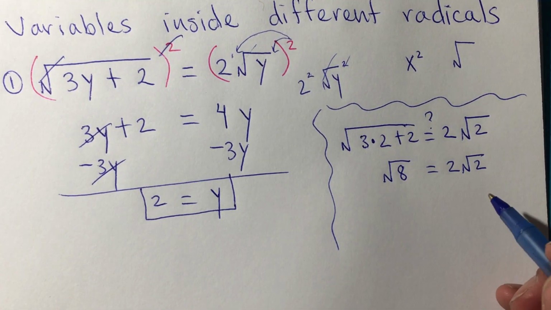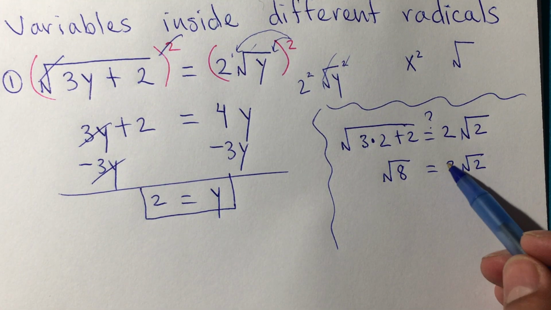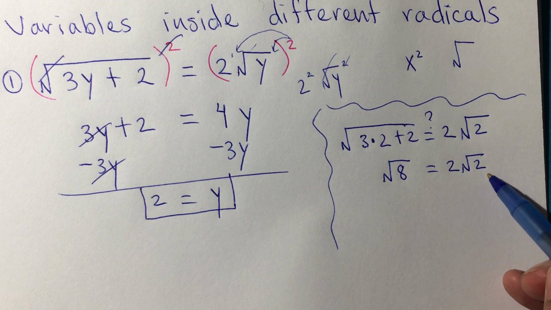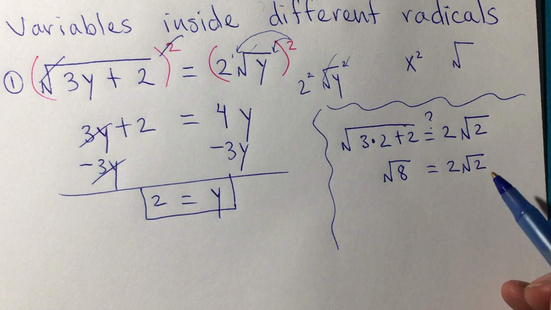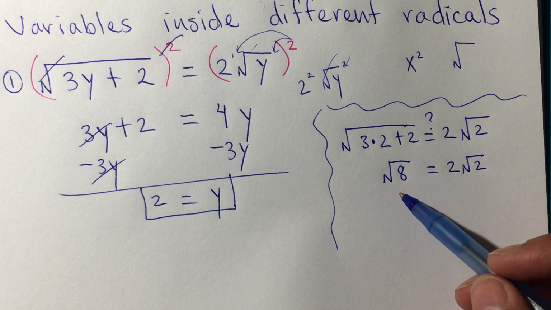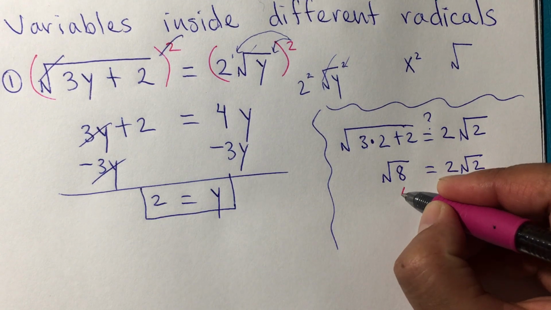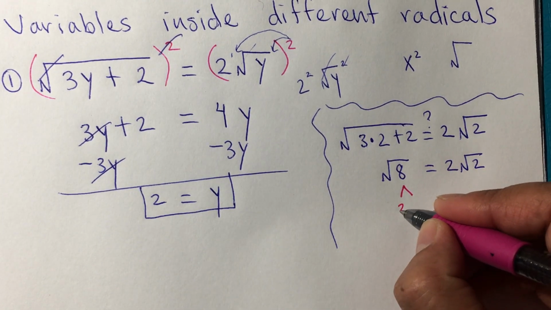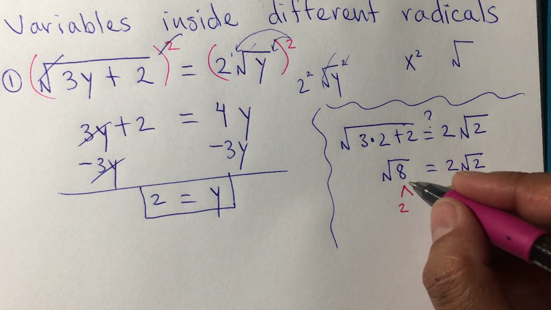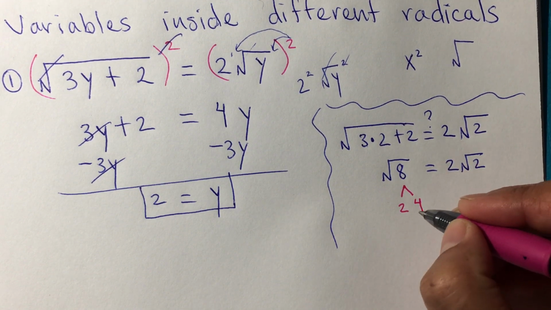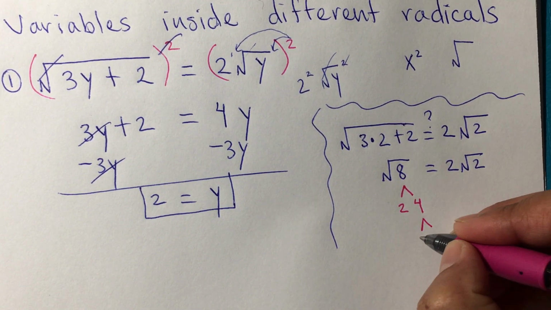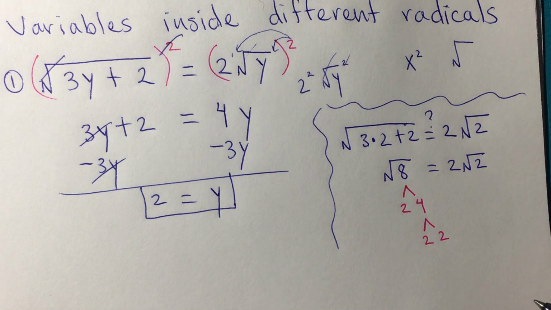Now, you can go in both directions. You can multiply this or square it and put it inside of the square root. Or you can simplify this side, which is what I'm going to do. So in here, you do prime factorization. 2 times 4 is 8, and then 2 times 2 is 4.